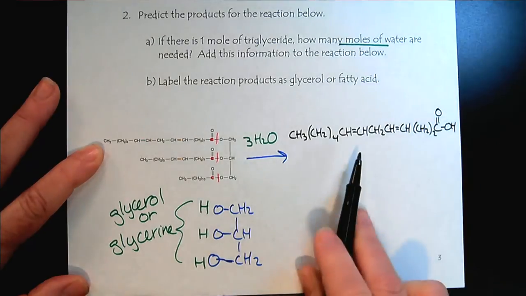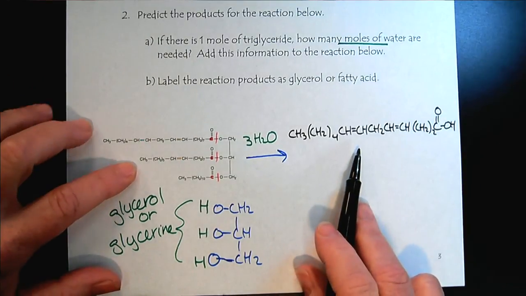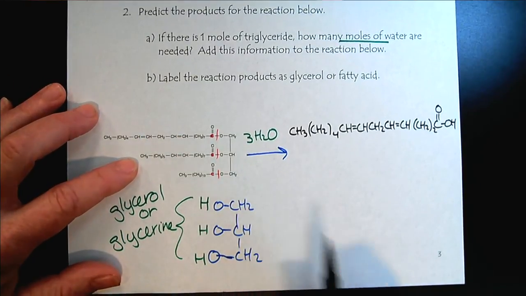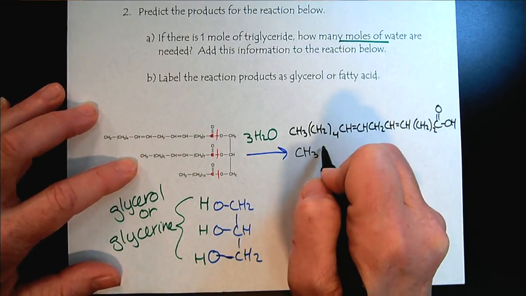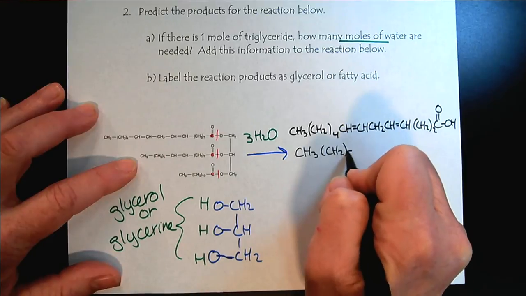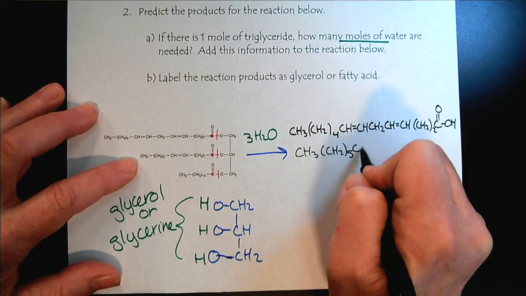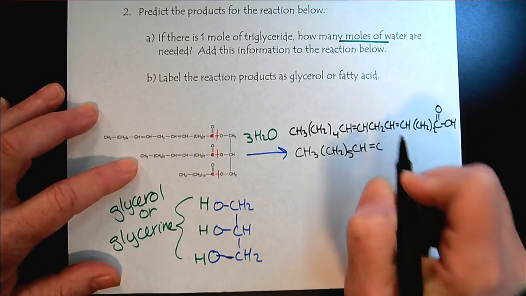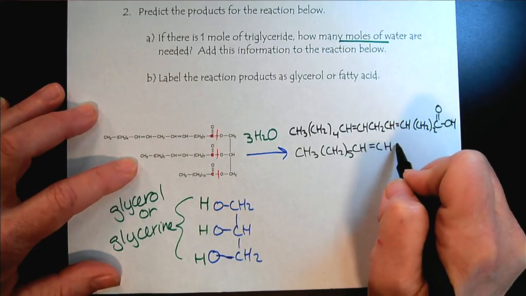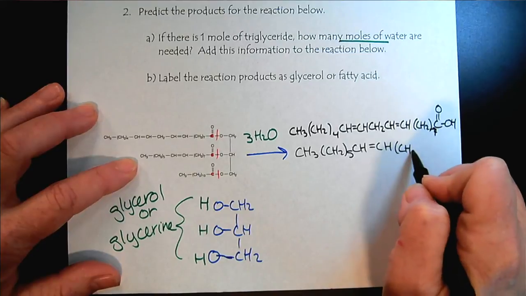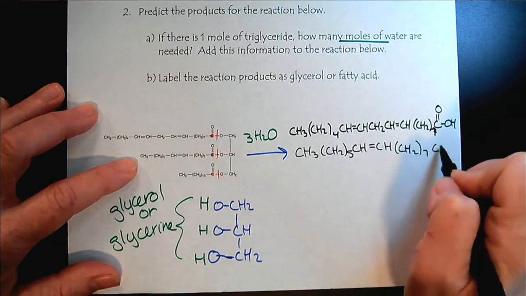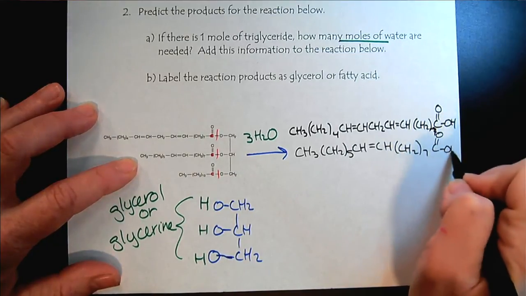All right, so there's our first fatty acid, and then we would have the second fatty acid. This one looks a little simpler to draw. Now we have 5 methylenes. And then comes our double bond, and then we have another 7. Well, that should have been a 7. And then we have our carboxylic acid group.